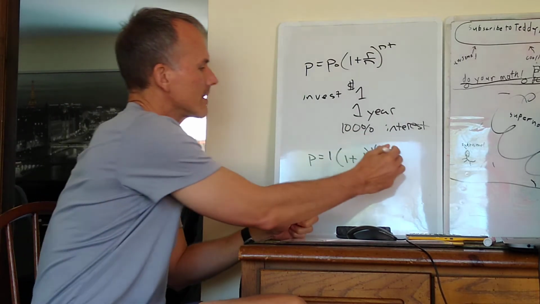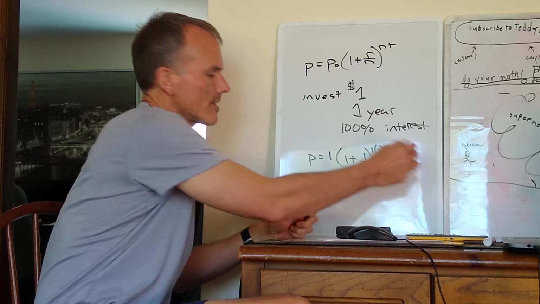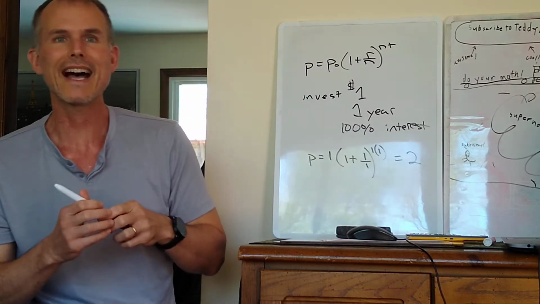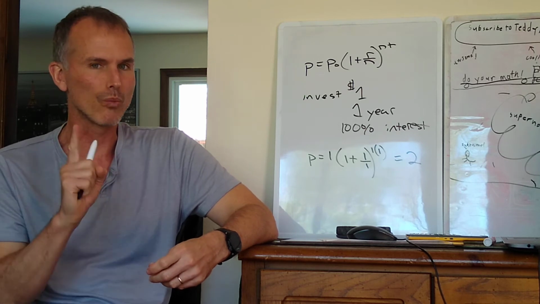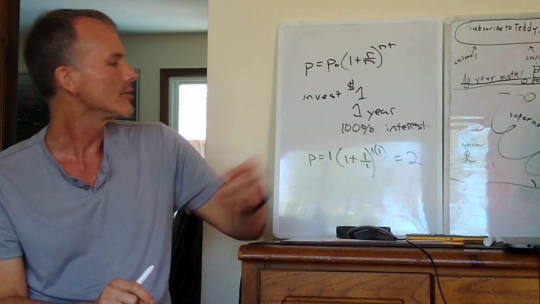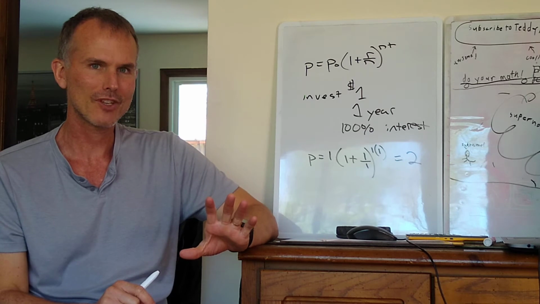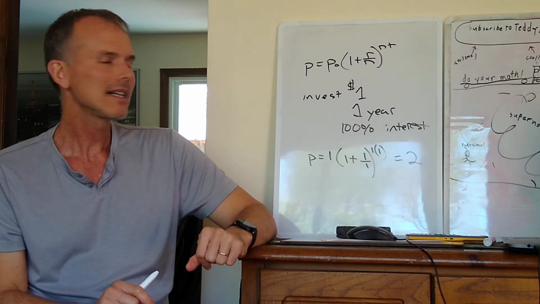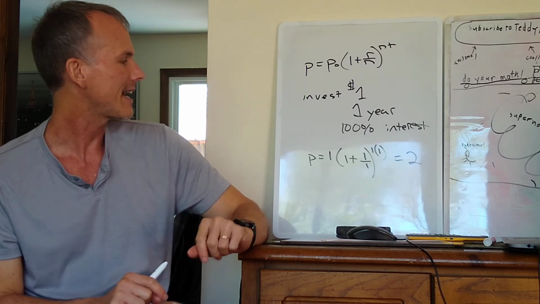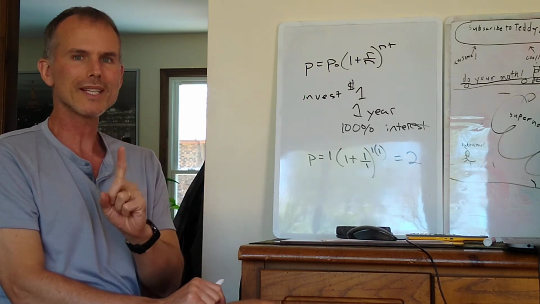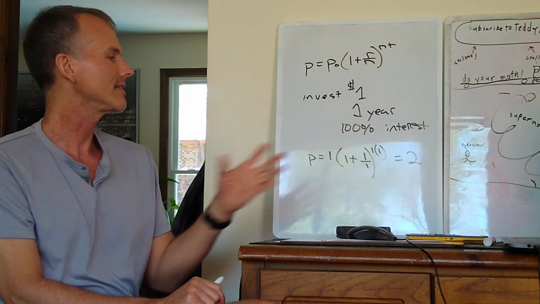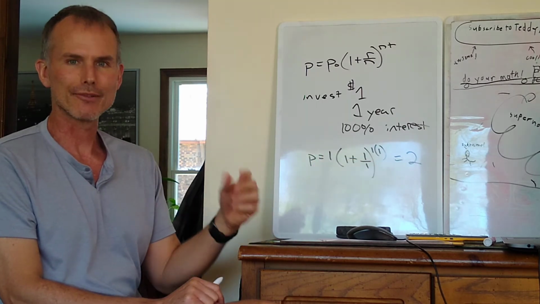So the answer is 2. If you invest $1 for 1 year at 100% interest compounded once during that year, you end up with $2, doubling your money.